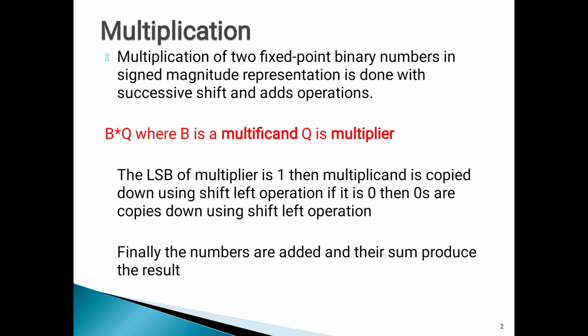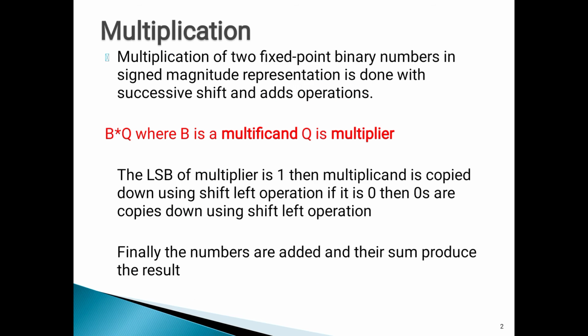Any multiplier bit is either 0 or 1. When it is 0, zeros are copied down using shift left operation. When it is 1, then multiplicand is copied down using shift left operation, right? So that is the operation.